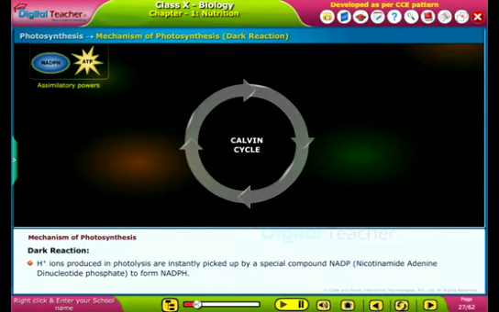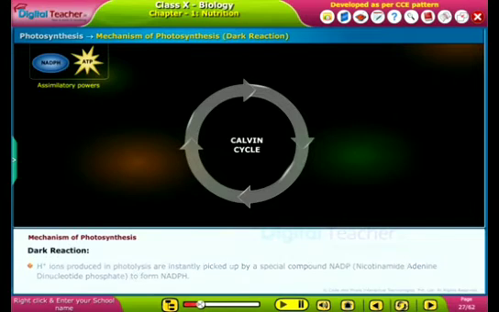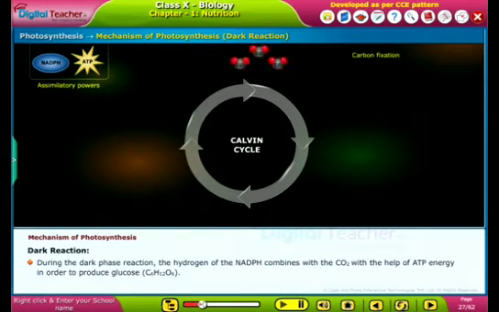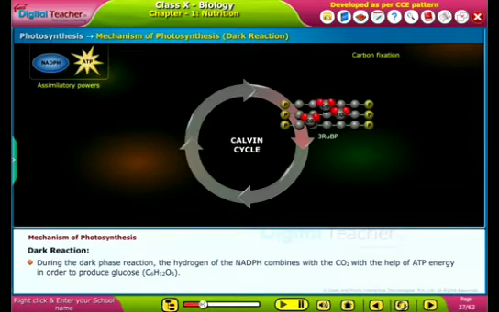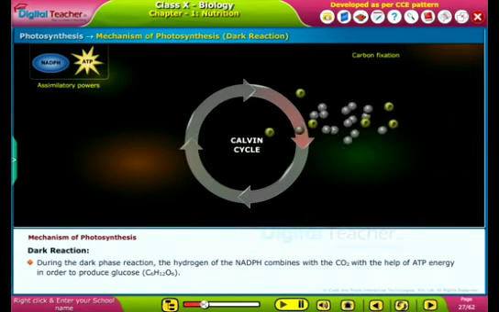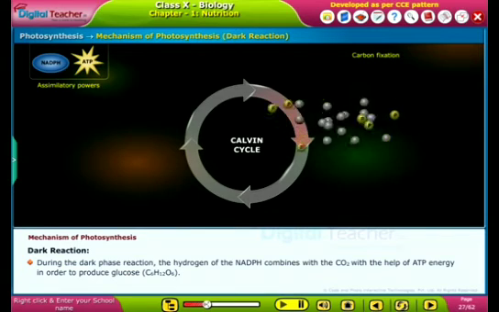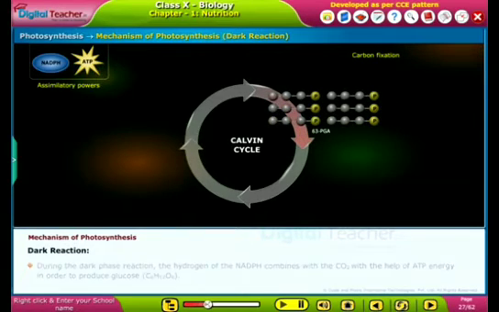Hydrogen ions produced in photolysis are instantly picked up by a special compound NADP to form NADPH. During the dark phase reaction, the hydrogen of the NADPH combines with carbon dioxide with the help of ATP energy in order to produce glucose.